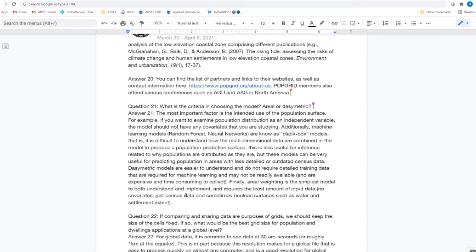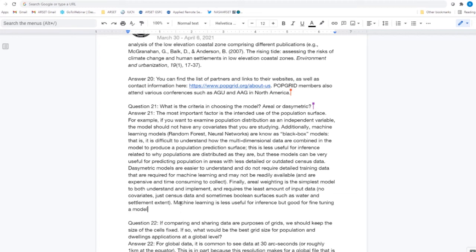So machine learning approaches are less useful for inference, where you're trying to look at why population is distributed as it is, but really useful for fine-tuning a model. Another big factor is how many input variables you want to use or have access to.